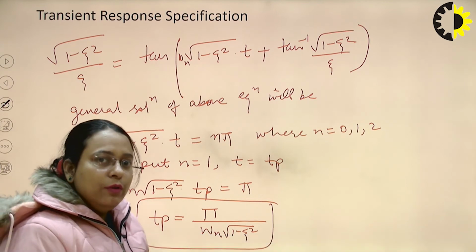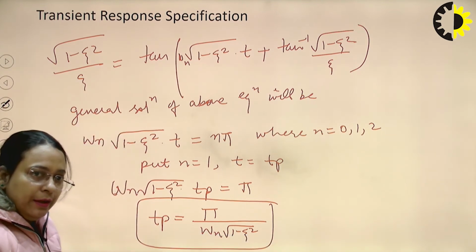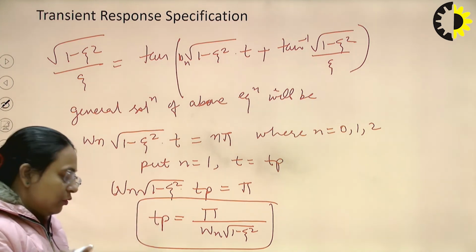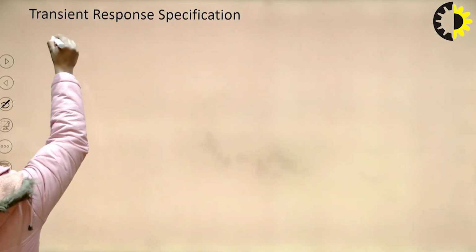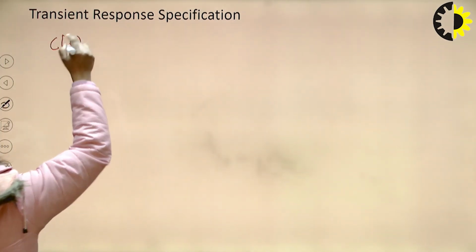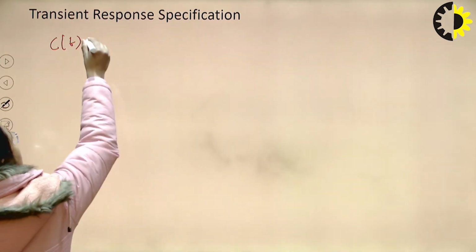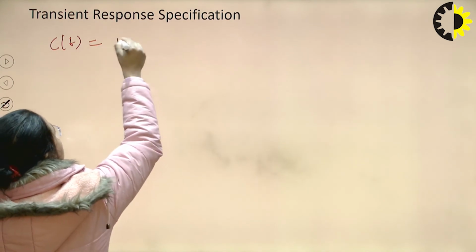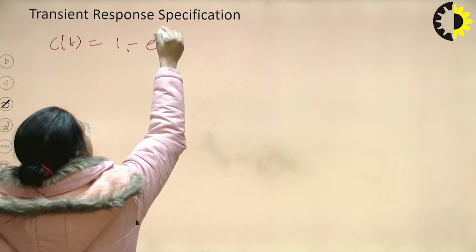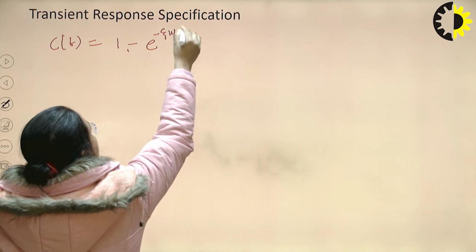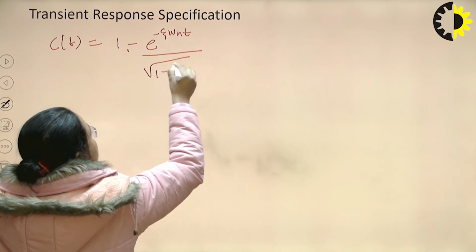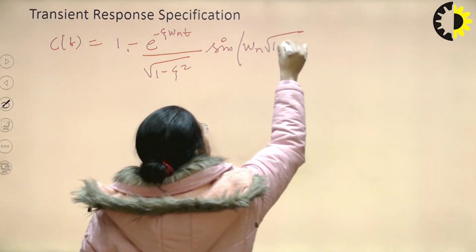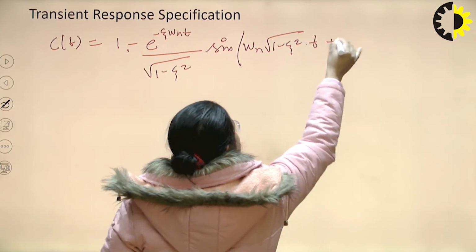Now the value of peak overshoot can be obtained when we put the value of this Tp in the expression of Ct, and we will get the value of Ct max. Here I write the expression for Ct, which is 1 minus e raised to the power minus zeta omega n t upon under root 1 minus zeta square, sine of omega n under root 1 minus zeta square into t plus phi.